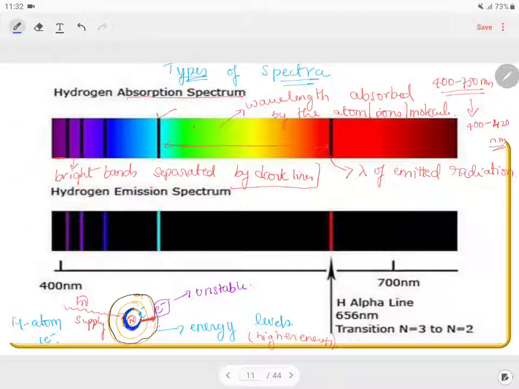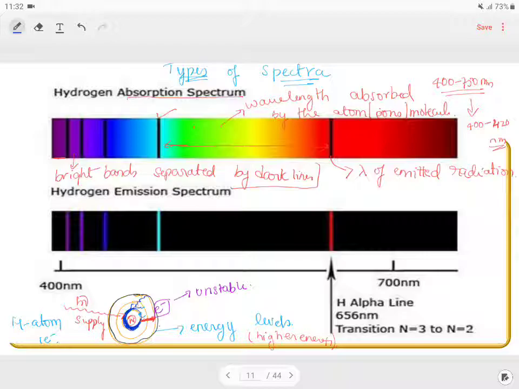If I find out the wavelength of emitted radiation on the photographic plate, it appears as bright lines. Only the emitted radiation appears on the photographic plate. The remaining absorbed radiation will not appear, so that appears as dark space.